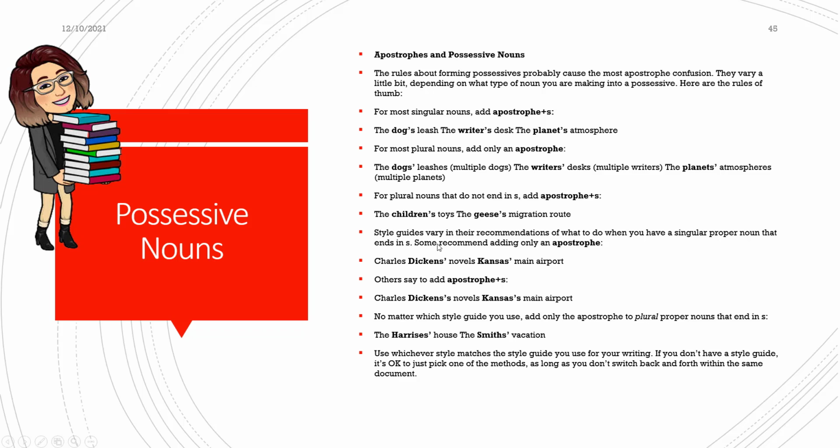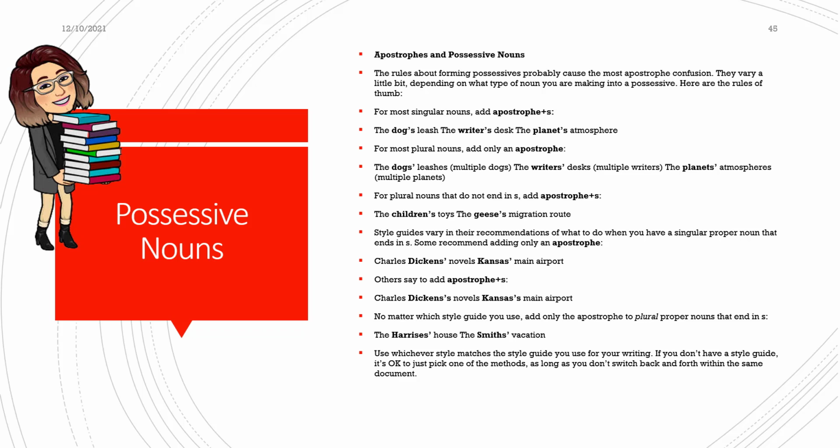Style guides vary in their recommendations on what to do when you have a singular proper noun that ends in S. Some recommend adding only an apostrophe: Charles Dickens' novels, Kansas' main airport.